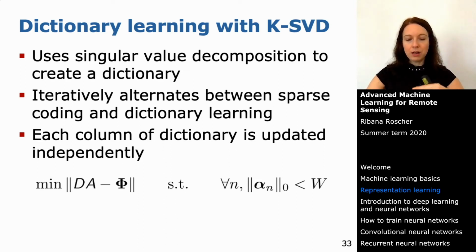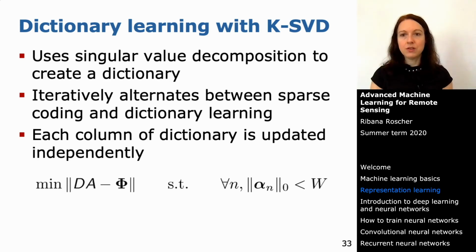So you make an update on your dictionary so that it's more suitable for reconstruction. Then you determine new weights for the sparse coding, and then based on the codes you make a new update on your dictionary, and so on.